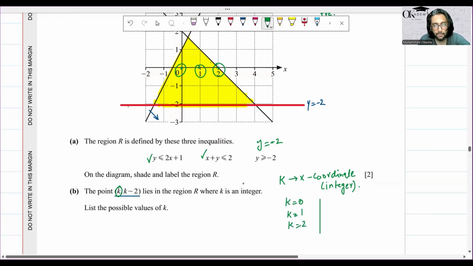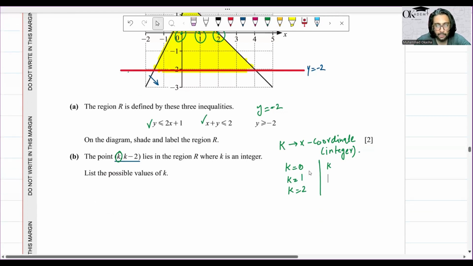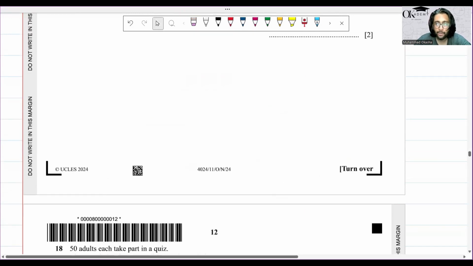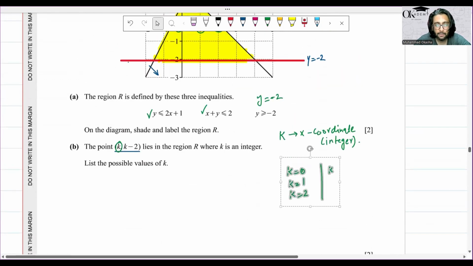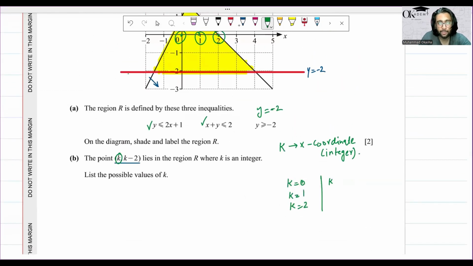Now correspondingly, let's talk about k minus 2. This is the y coordinate. Now we'll work out the y coordinates from here, and we'll see if the x coordinate and the y coordinate lie in the region or not.